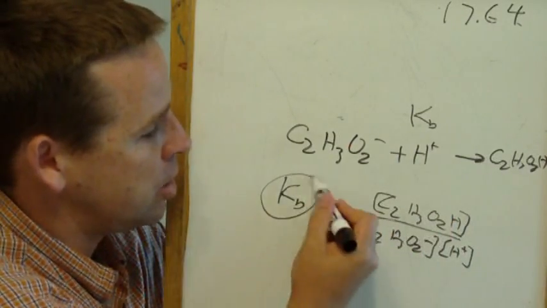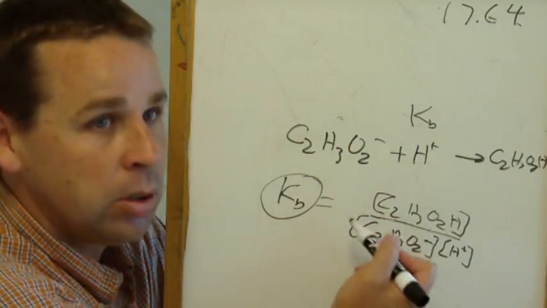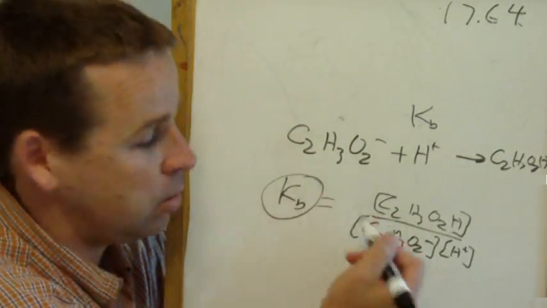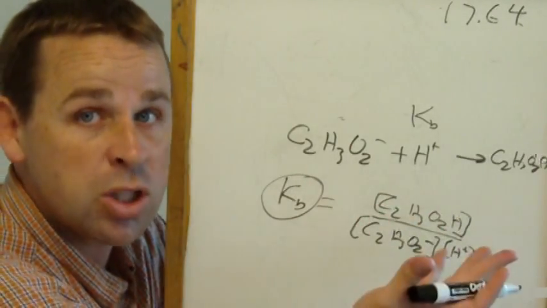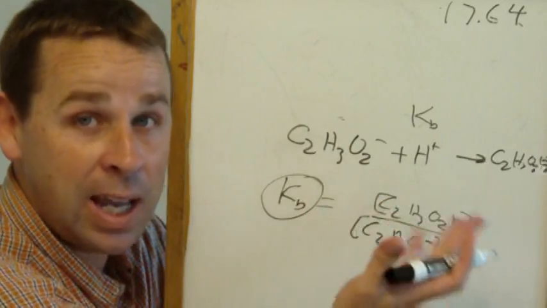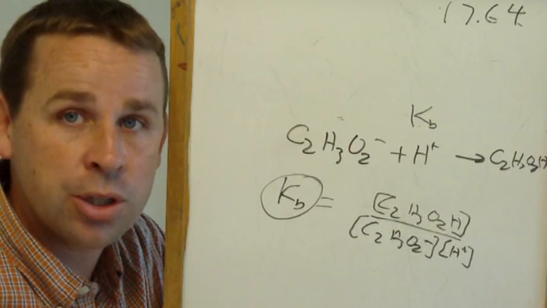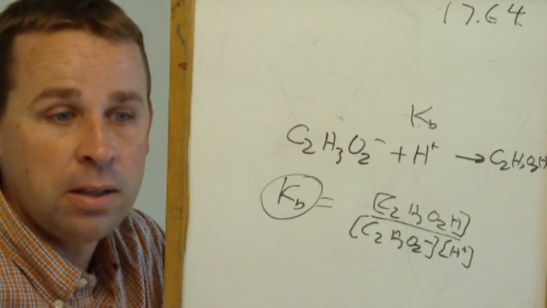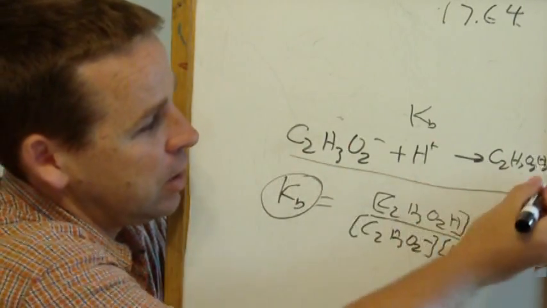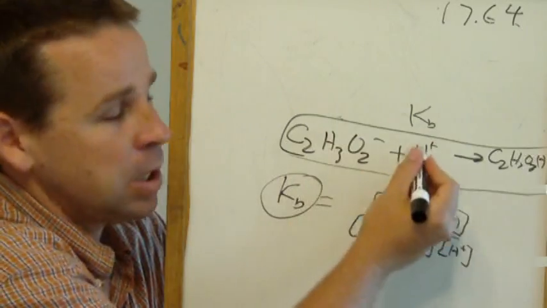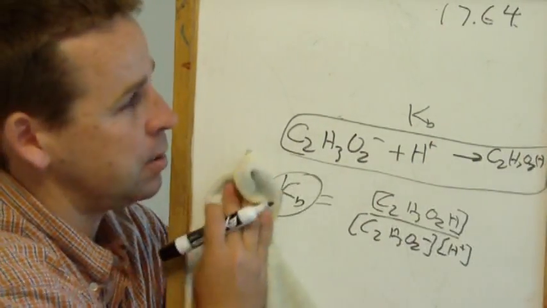So the larger this number is, the better the base was at taking the proton. So if our Kb is very large, then it's a good base. If its Ka is very large, it's a stronger acid. So if we're comparing Kas for acids, the larger the Ka, the stronger the acid. Again, comparing Kbs for bases, because this is the definition of the Kb, the ion picking up a proton and acting as a base, the larger the Kb, the better the base.